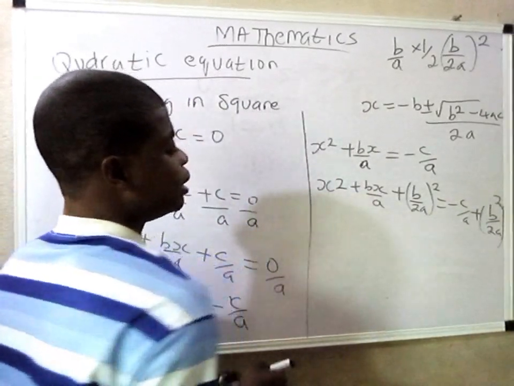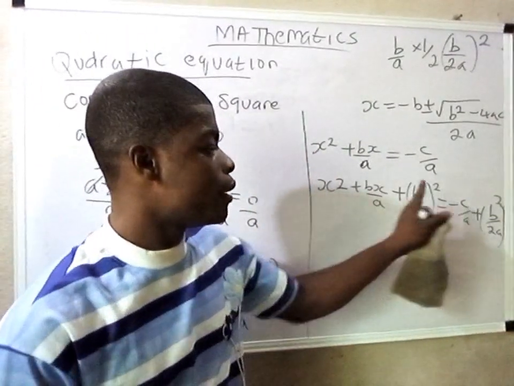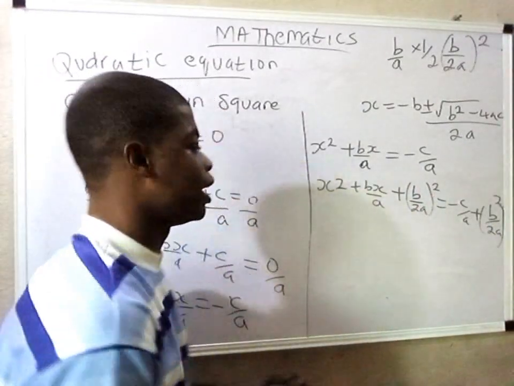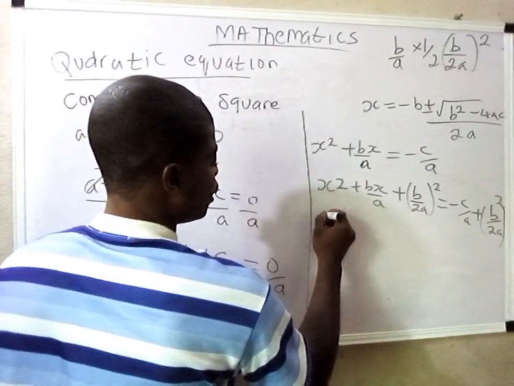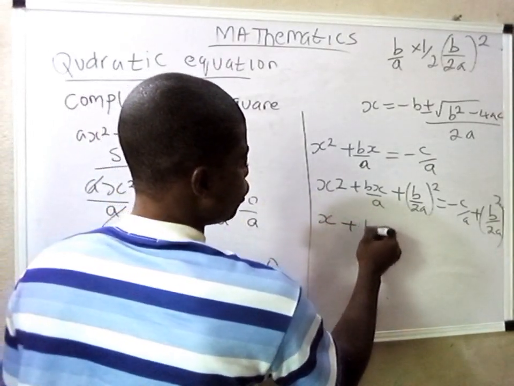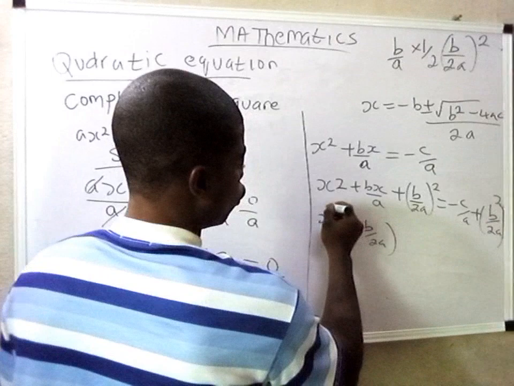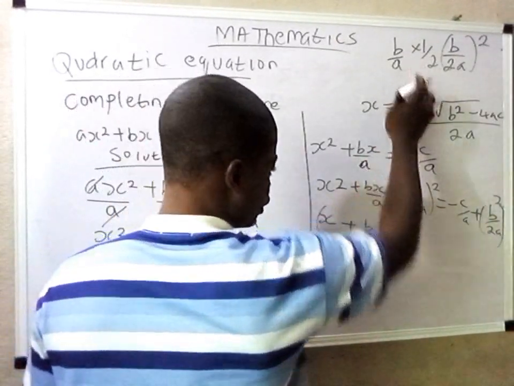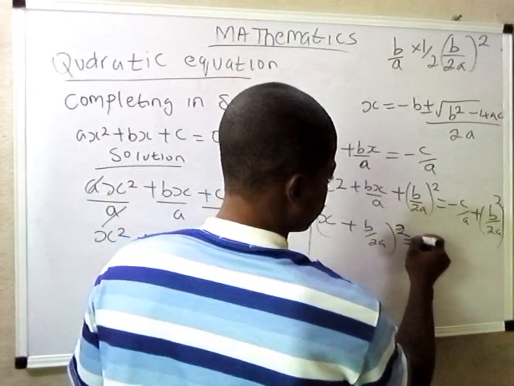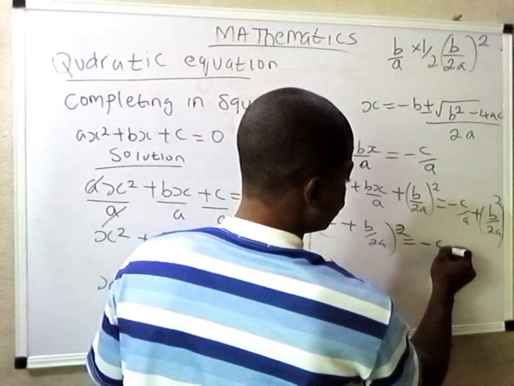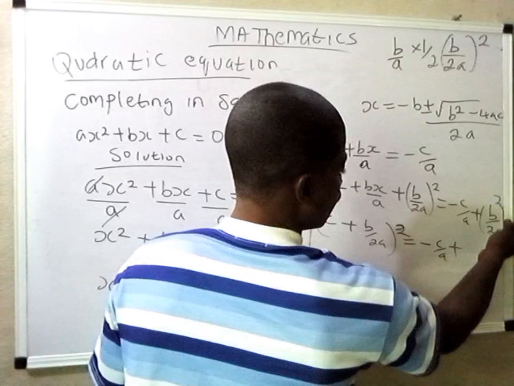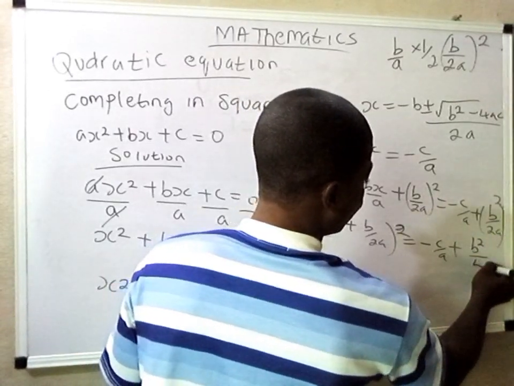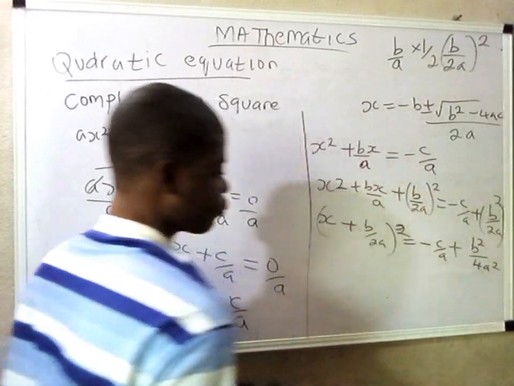Looking at it, x squared and the b over 2a term are both squared, so we just take one square by saying x plus b over 2a all squared. The right side is minus c over a plus b squared over 2a squared, which is 4a squared.